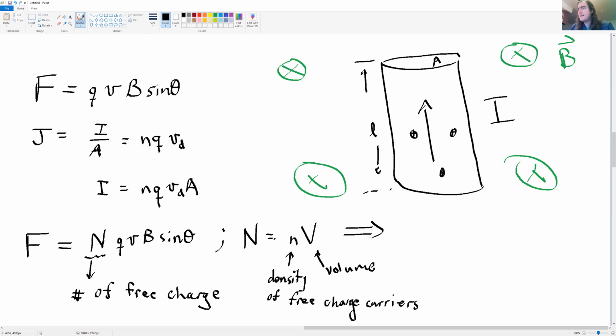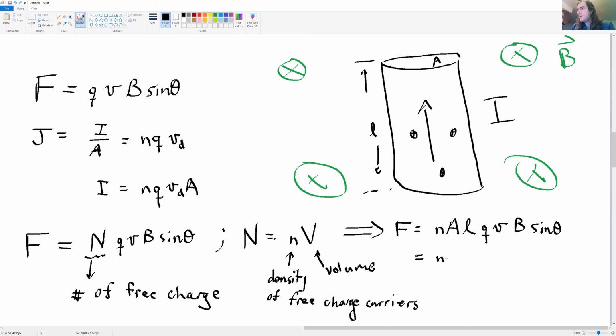So what that implies is that the force has a magnitude of little n times the area times the length of the conductor times the charge times the velocity of those charges times the magnetic field times the sine of the angle between them. So sine of 90 would be 1. And then I can group these terms in the following way.